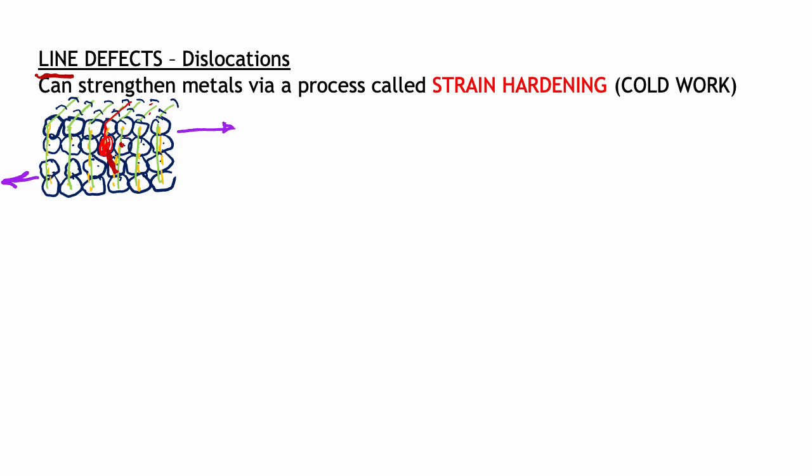And with some more stress, I'll have that bond broken and this bond formed, and now here's my dislocation. And then that will continue, and the bond will form here, and the dislocation will be at the top.